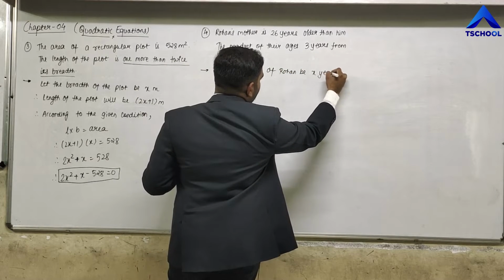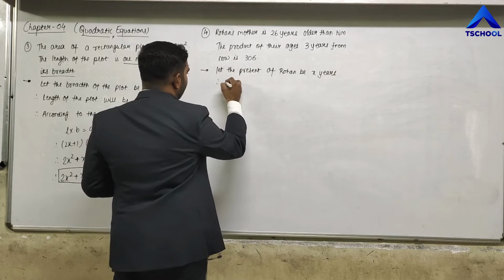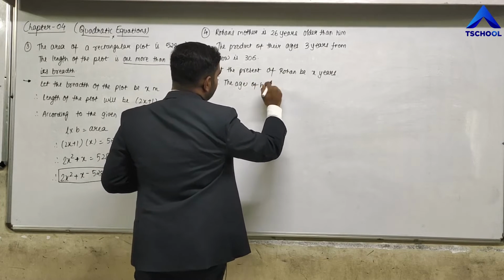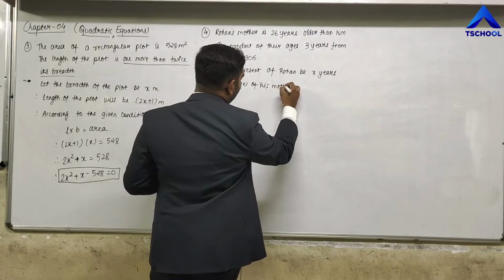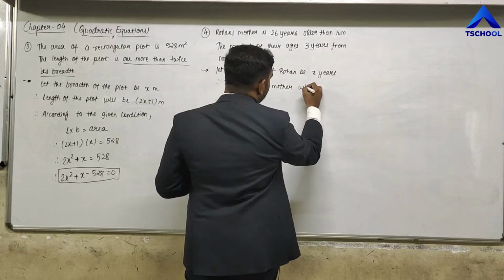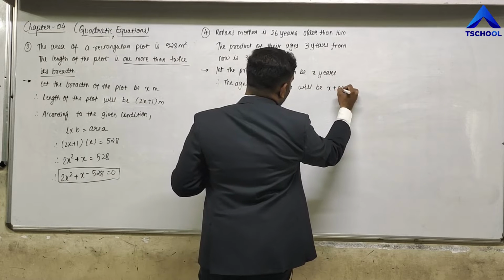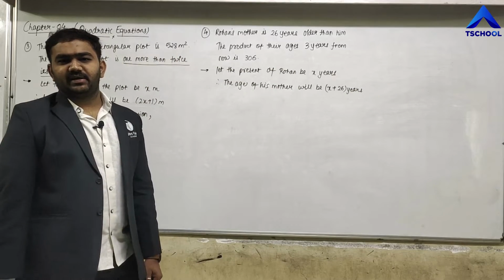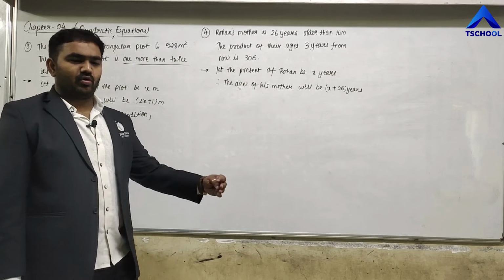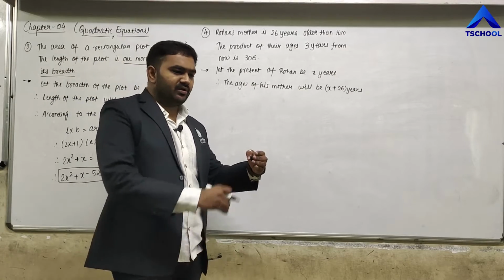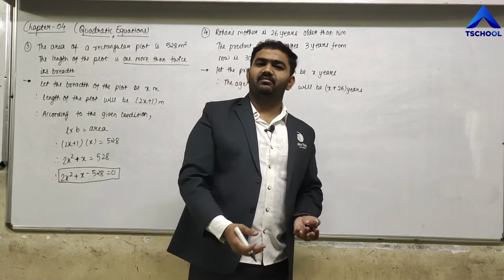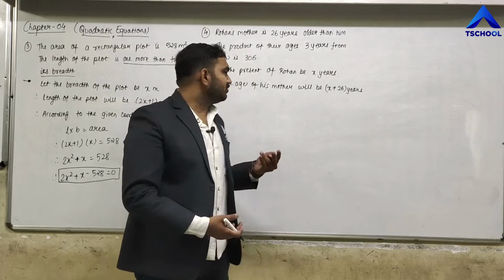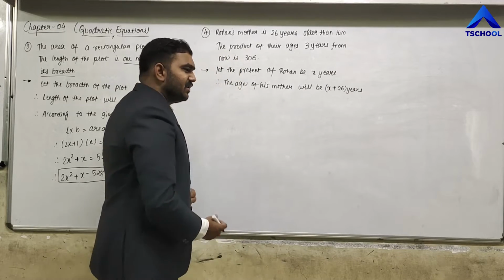Therefore the age of his mother will be x plus 26 years, because his mother is 26 years older than him. Obviously our mother is elder than us.